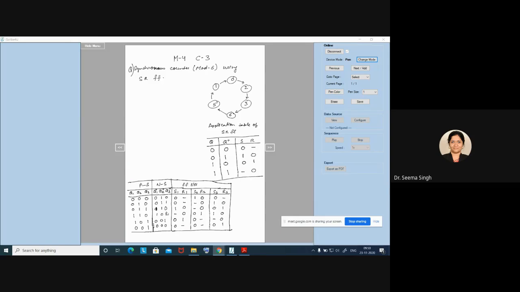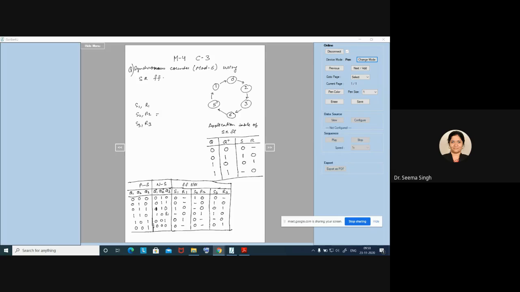Now for each one, what am I supposed to do? S1 R1, S2 R2, S3 R3, you have 6 excitation inputs. And all the 6 excitation inputs, you have to make the logic diagram for this.